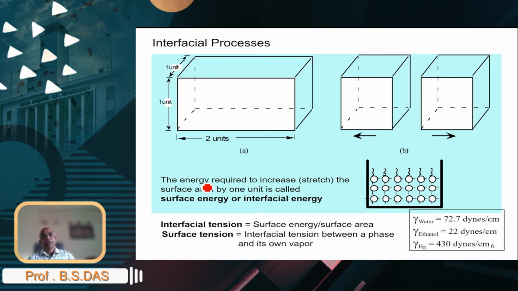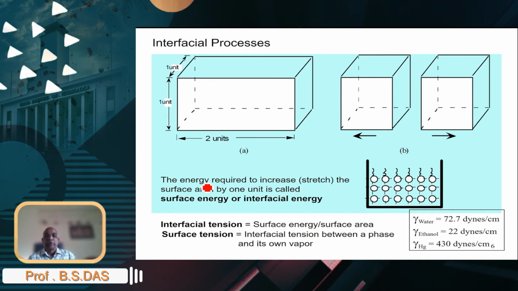We describe surface tension as the energy required to increase or stretch the surface, in terms of a tension per unit surface area. So it's a ratio between the surface energy and the surface area, and the interfacial tension is often called the surface tension when the vapor phase, or the phase of the non-wetting fluid, is the vapor of the wetting fluid itself.